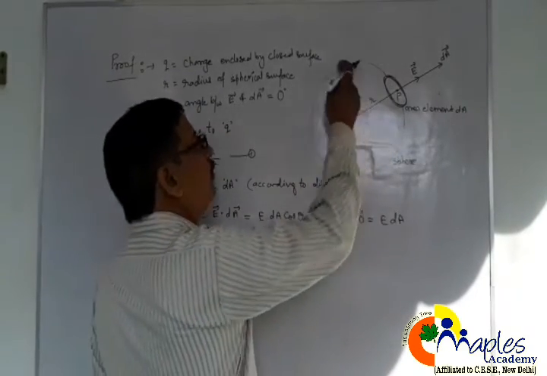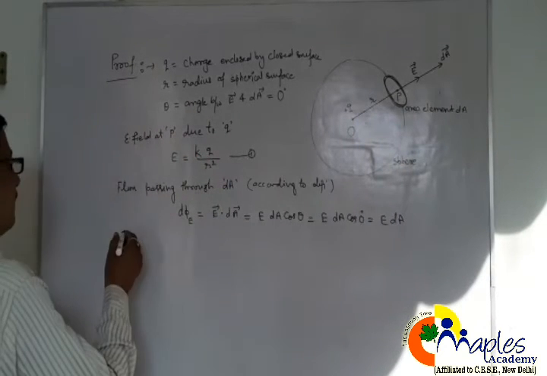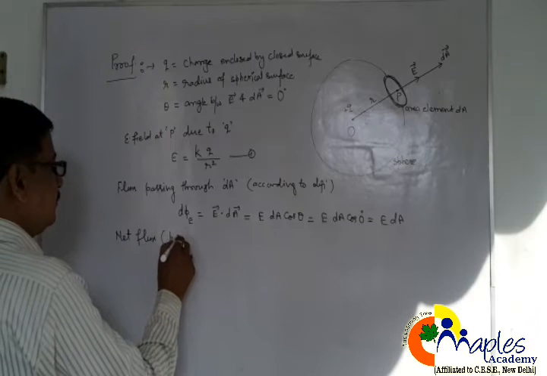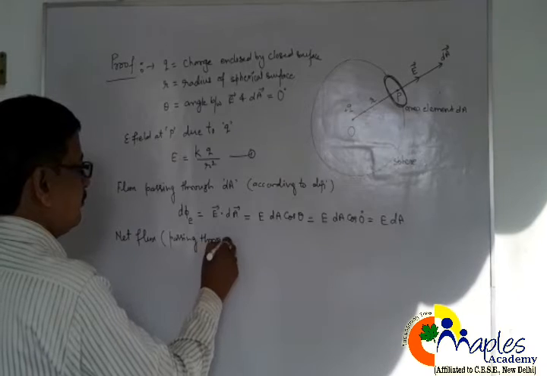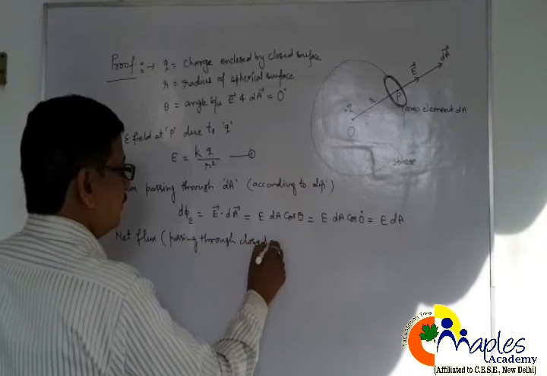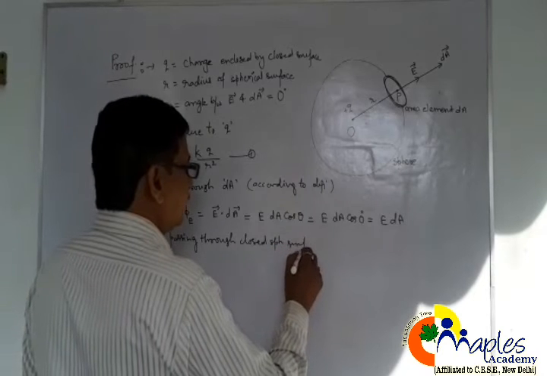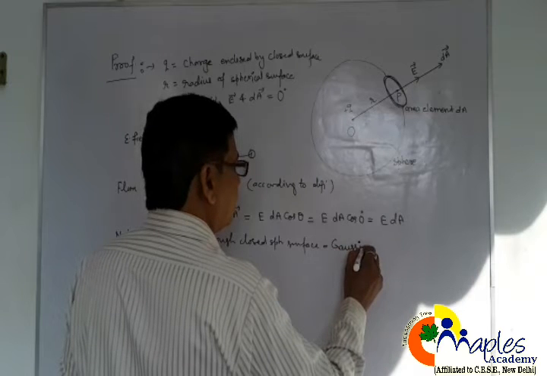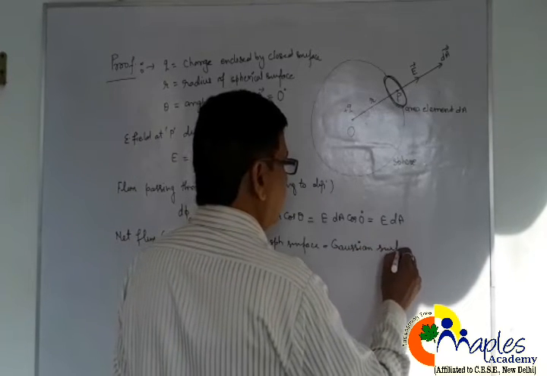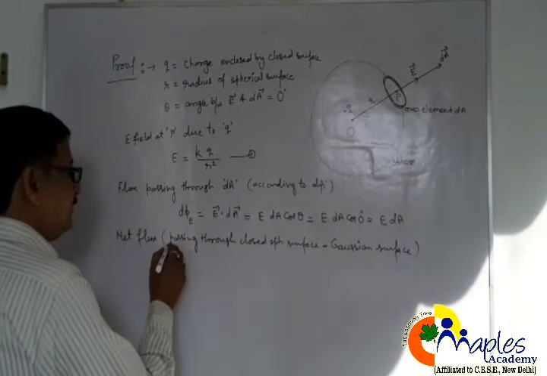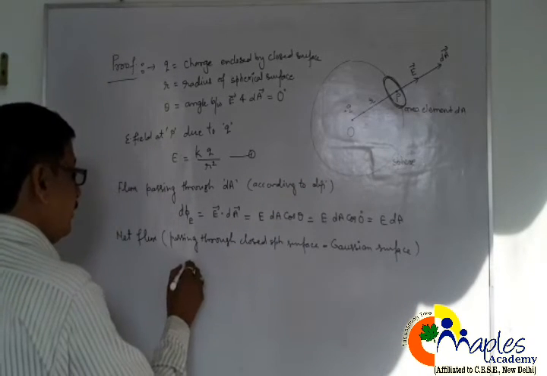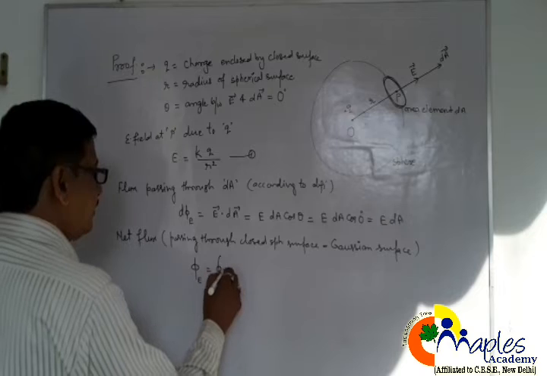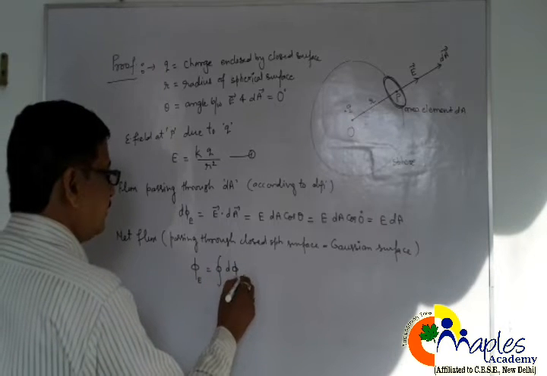Now the net flux passing through the closed spherical surface, called Gaussian surface, can be given as phi E equals integration of d phi E. We will integrate.